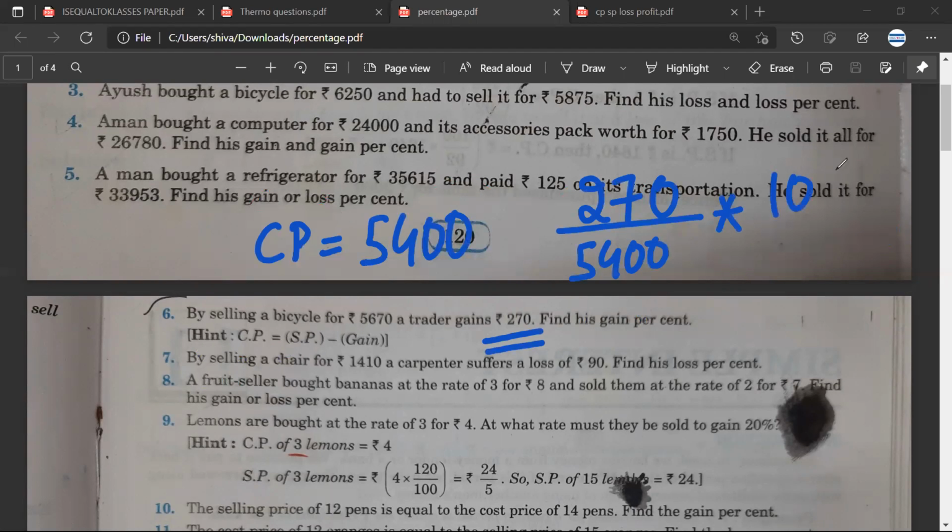Mr. Sarthak, is it correct? Yes, sir. And then we calculate, so the answer would be 5%. Mr. Aryaman, is it correct? Sorry? Is it correct? 5% is okay? Yeah. Any doubt about this? No.